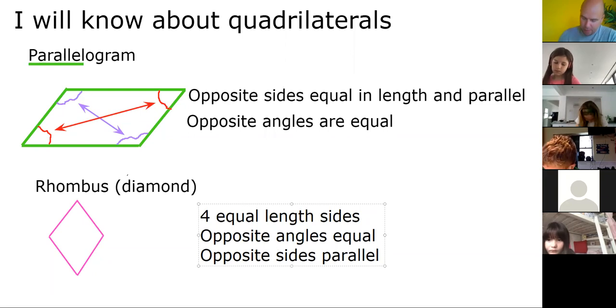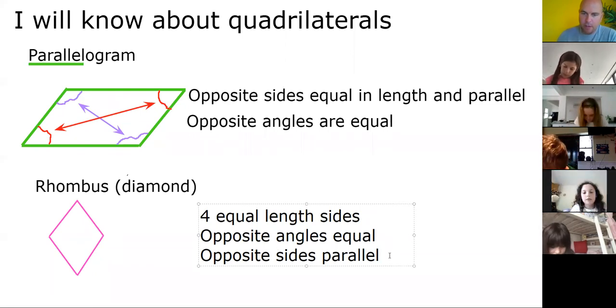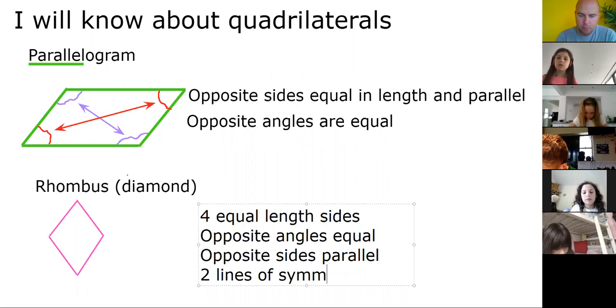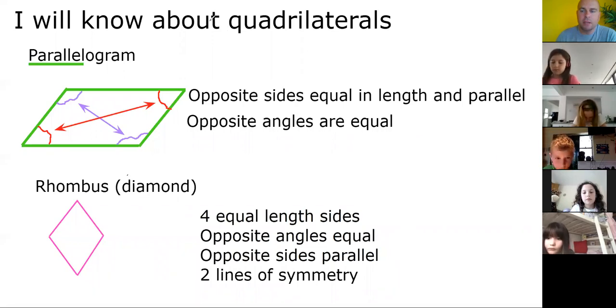Here comes our parallel again. And Arthur was correct. 2 lines of symmetry. So if we're looking at our opposite angles again, this one and this one are the same.